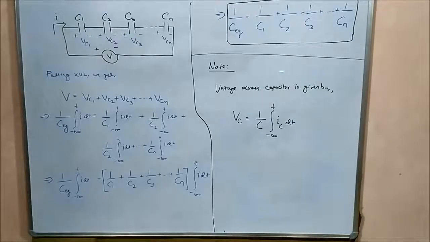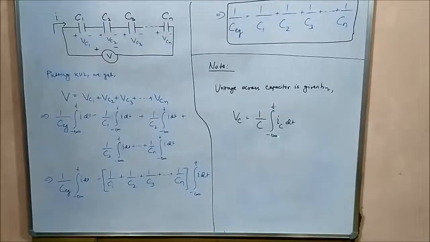Now we have already studied in my previous video that the voltage across a capacitor is given by this expression: 1 by C times the integral from minus infinity to t of ic dt. That is the reciprocal of the capacitance multiplied with the integration of the capacitor current from limit minus infinity to t.